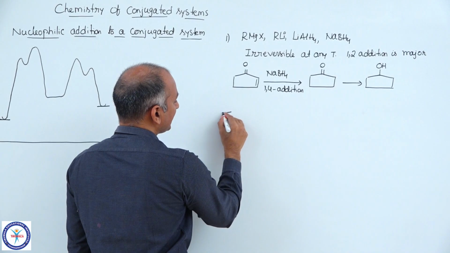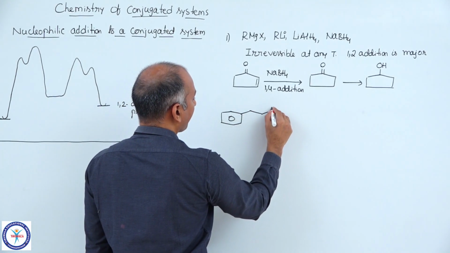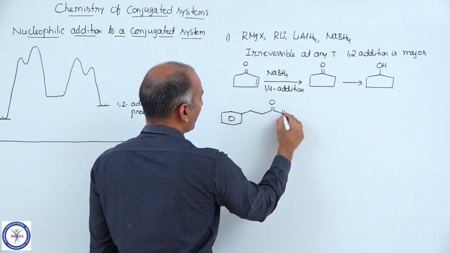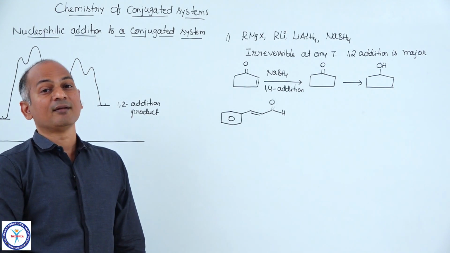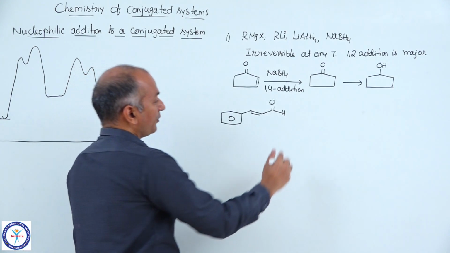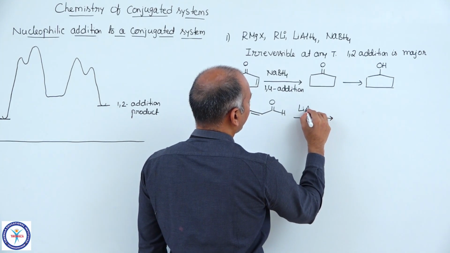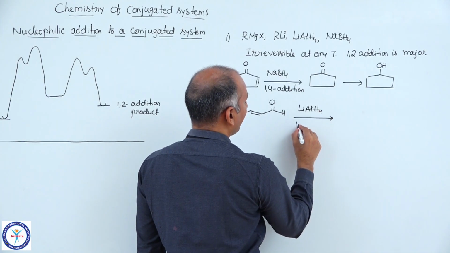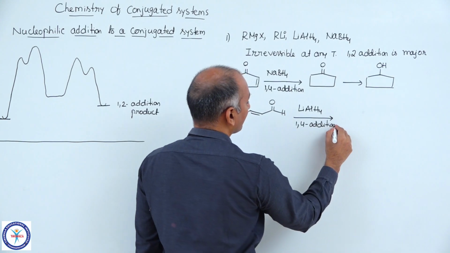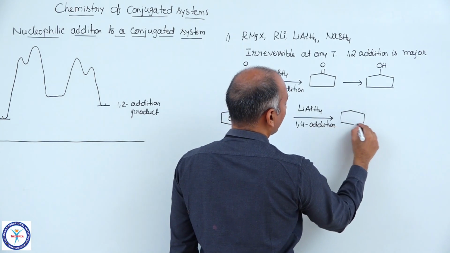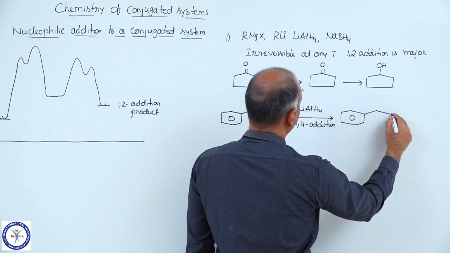Now another exception is for LiAlH4. All of you recall this compound, cinnamaldehyde. This is the product obtained in Perkin reaction. Now if you treat this compound with LiAlH4, in the first step 1,4 addition happens, and after tautomerism, you will get this compound.